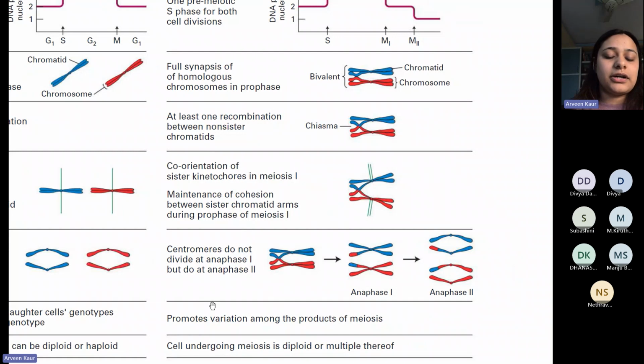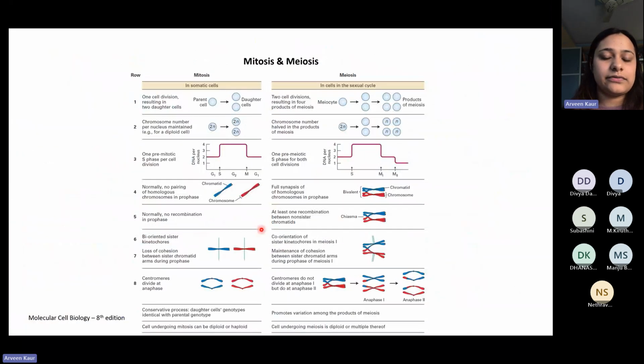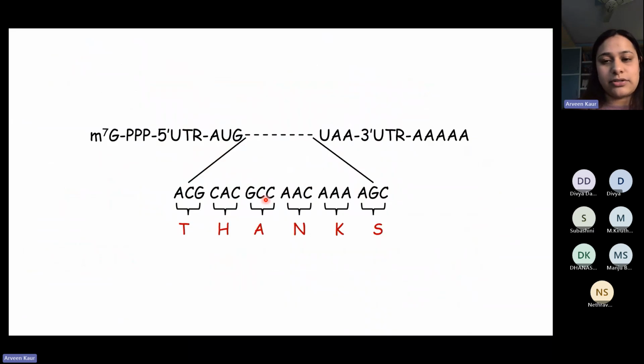While in case of meiosis, it promotes variation among the products of meiosis, so it is non-conservative. And cells undergoing meiosis are diploid or multiples thereof, right? So a haploid cell will not be able to undergo the sexual reproduction division that is known as meiosis.